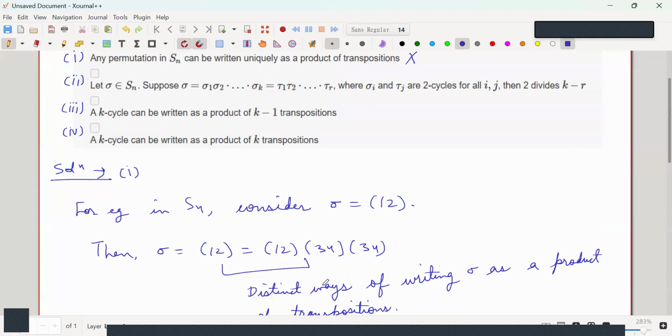And now let sigma belong to Sn. Suppose sigma is this, then sigma i and tau j are two cycles for i, j. Then 2 divides k minus r. How to do that?